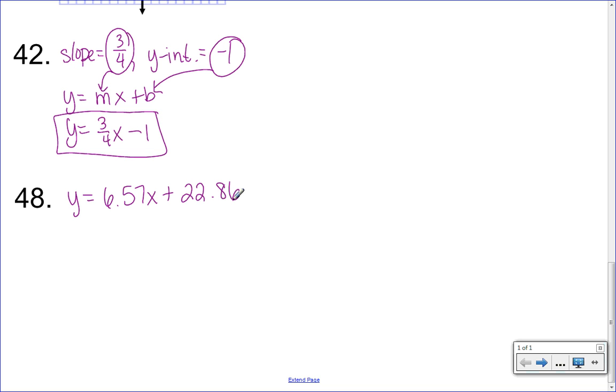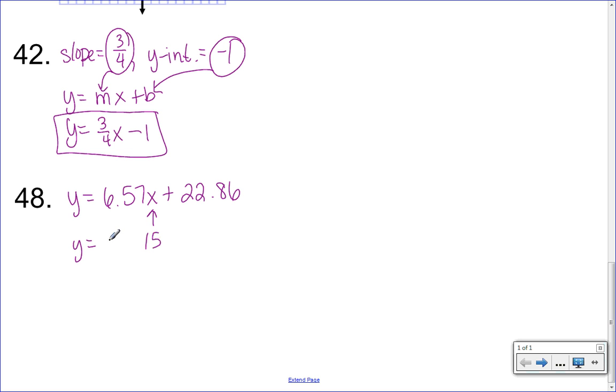And then part B says to use the line of fit to predict the median price. Oh, wrong problem, sorry. Use the line of fit to predict the average price of a concert ticket in 2015. Okay. And the years in this problem were represented with just the last 2 digits, so 3, 4, 5, 6, 7, and so on. So when we plug in 2015, we're actually just going to want to put in 15.